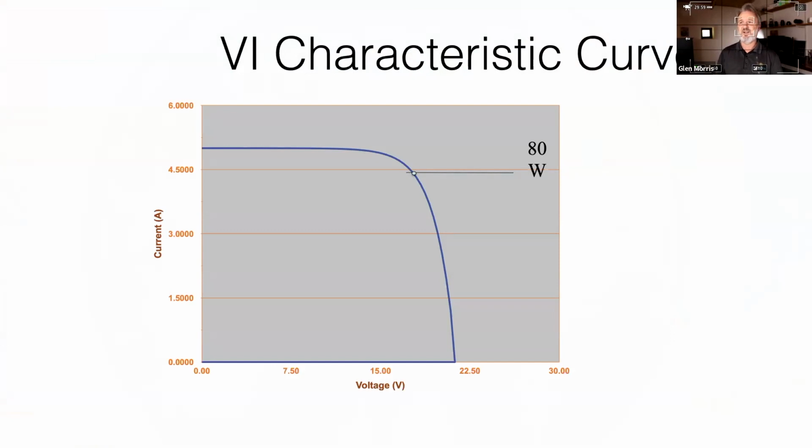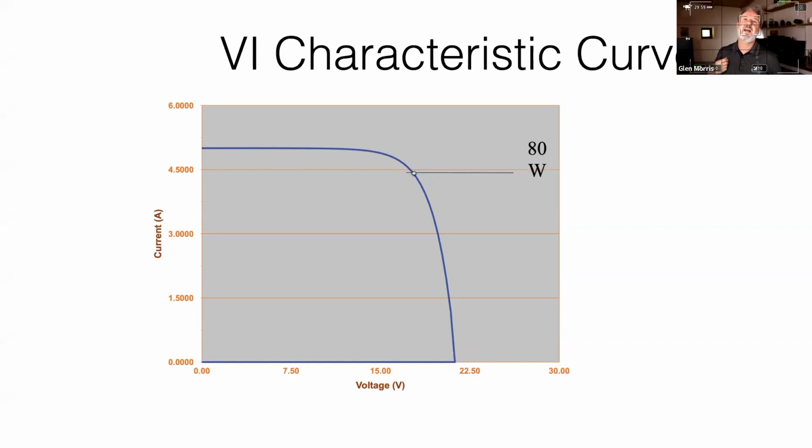This is actually quite an old IV curve because solar panels these days put out a lot more current and a lot more volts than that one. But anyway, this is probably a panel from 15 years ago. Now the shape of that curve with a flat top, a knee, and then a sudden drop at the end is the performance characteristic over a range of voltage and current that the panel can operate at.